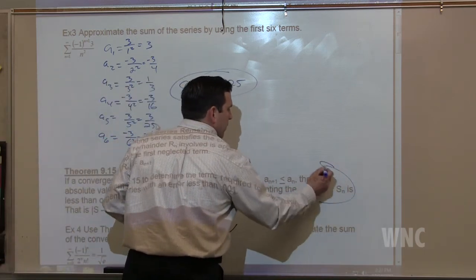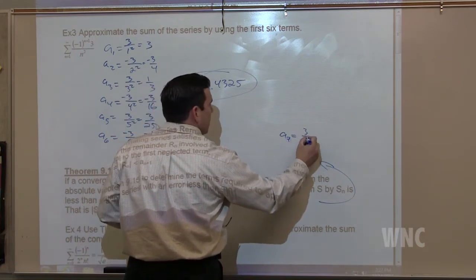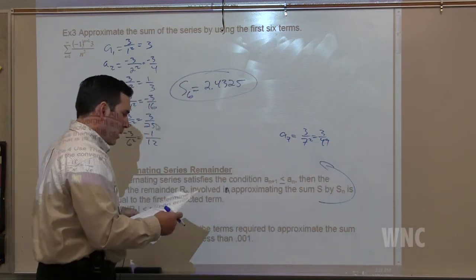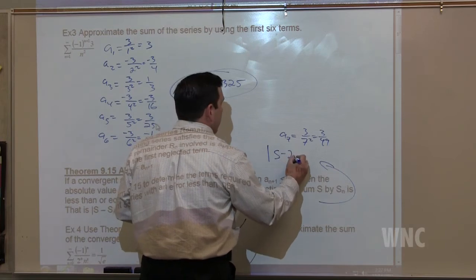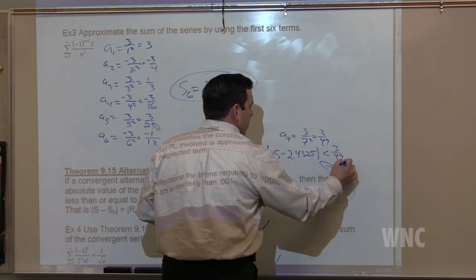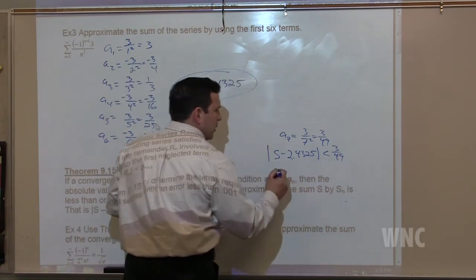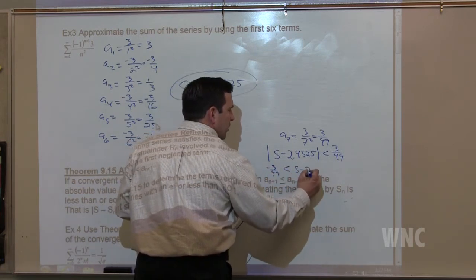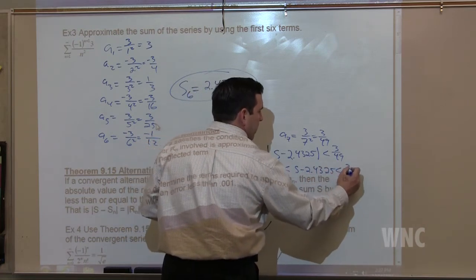So from here, our a sub 7 was going to be 3 over 7 squared, which is 3 over 49. So the absolute value of s minus 2.4325 is going to be less than 3 over 49. So negative 3 over 49 is less than s minus 2.4325, which is less than 3 over 49.